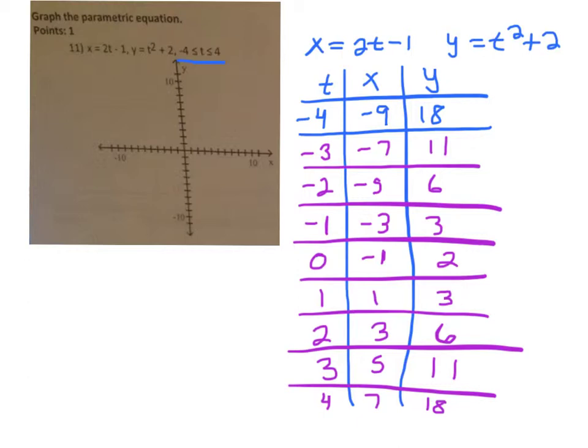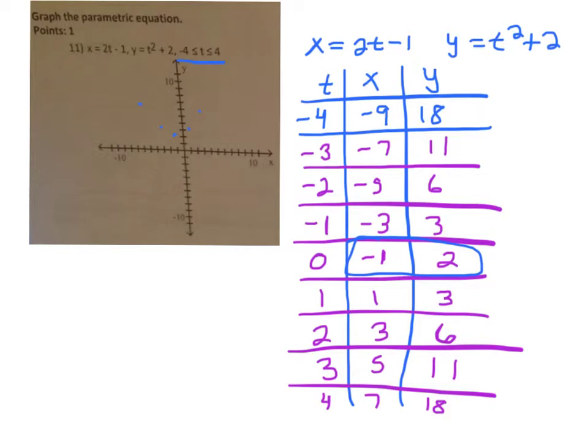If I graph these on my page, then I can easily graph -1, 2. It'd be up here, and then the points around that, like 1, 3, and -3, 3, and then 3, 6.